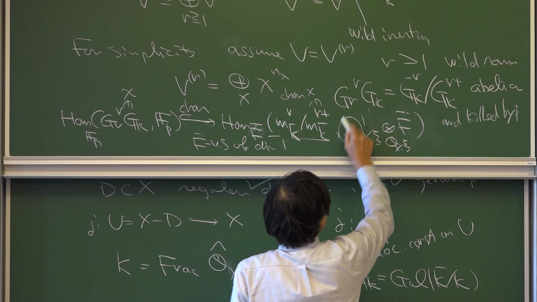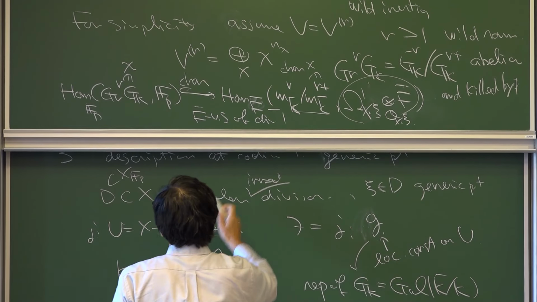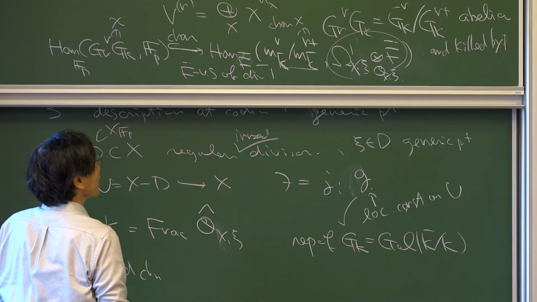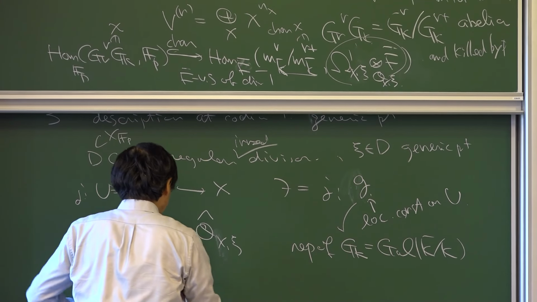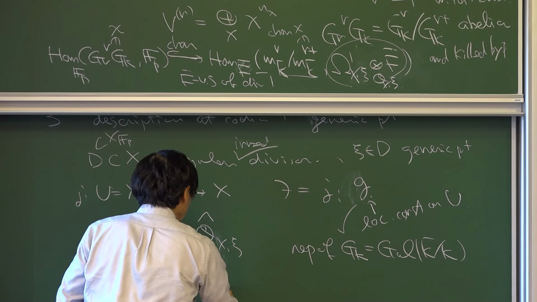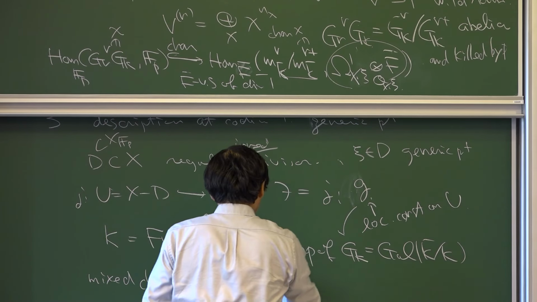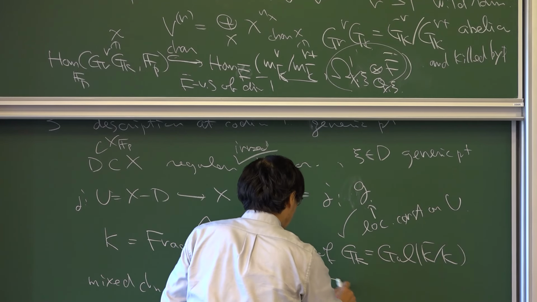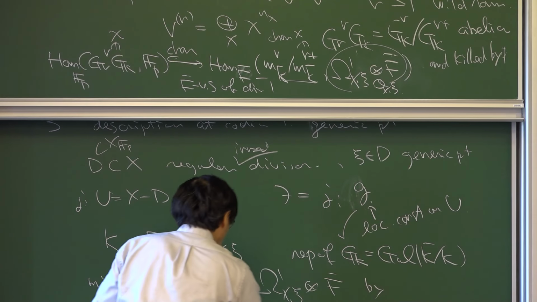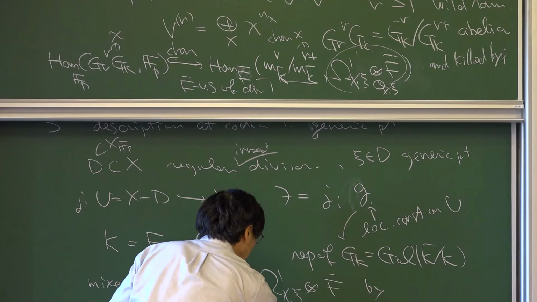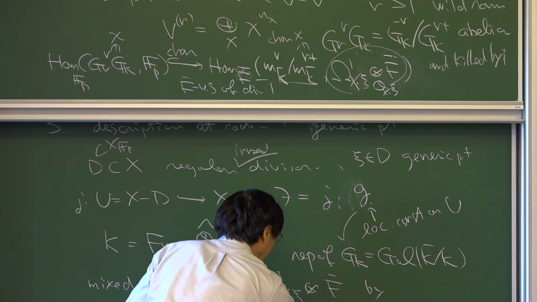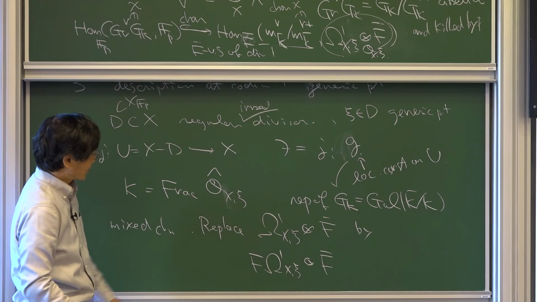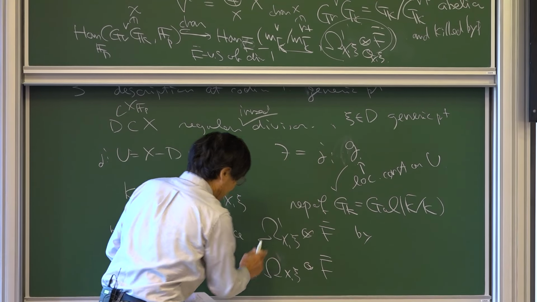The only difference is here: in mixed characteristic, we replace this fiber by this Frobenius-Witt one.